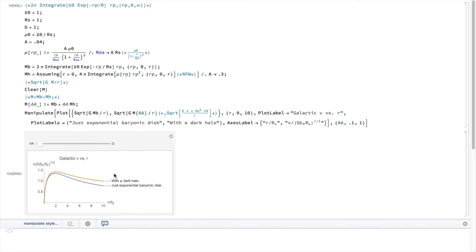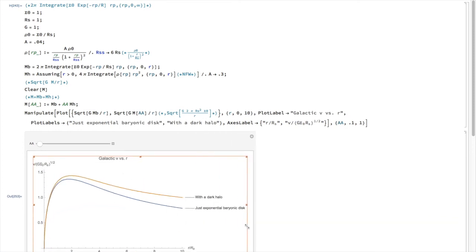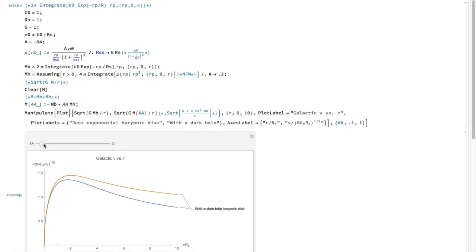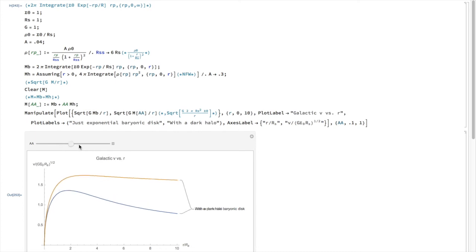Fantastic. So what you're seeing down here is, by adding a dark halo with a small amount of mass, you do get an increase in the velocity, but not substantial. And now if I increase the dark halo, you can see that it makes that curve rise, it makes the gap bigger, and it certainly makes it flatten out, at least at the scales at which we look. So I can turn it on and make this bigger, bigger, bigger.